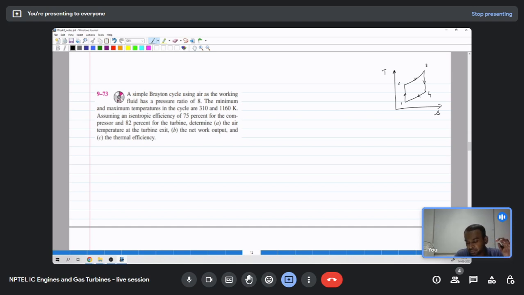Here the minimum temperature is 310, so that should be T1, and similarly the maximum temperature is 1160 Kelvin, so that should be T3. I think the same thing can be repeated.